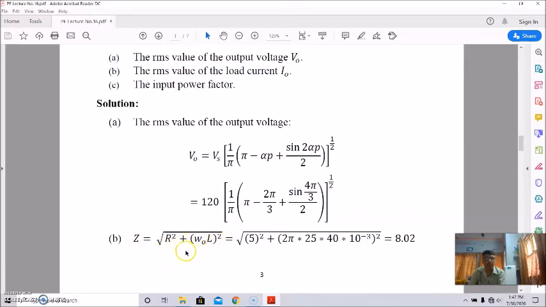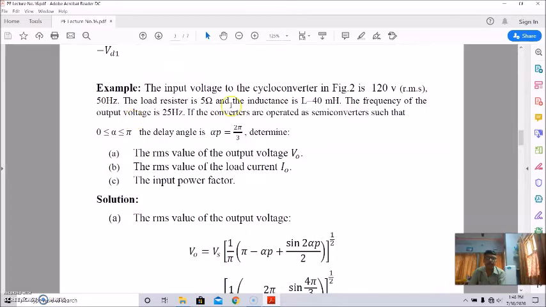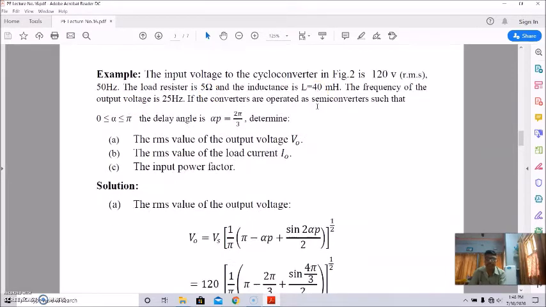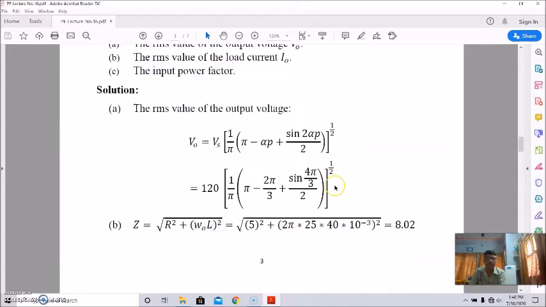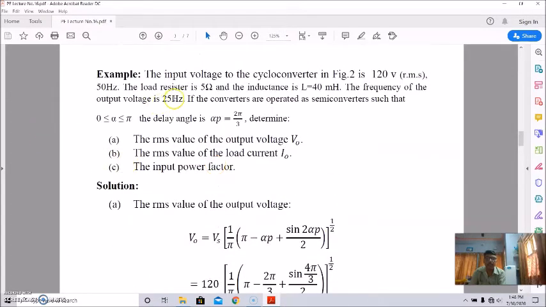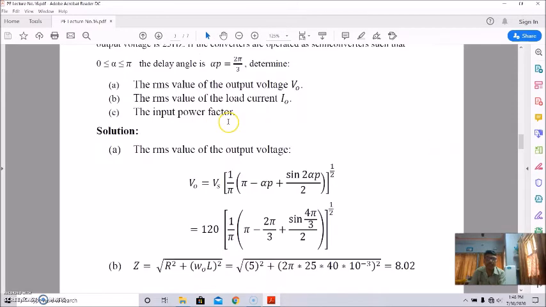This is the output angular frequency. So this will be R equal to 5, and L is 40 millihenry. So put here twice pi f L. What is the output voltage frequency? 25 Hz.